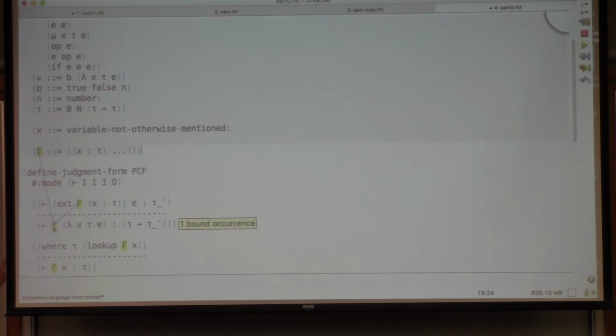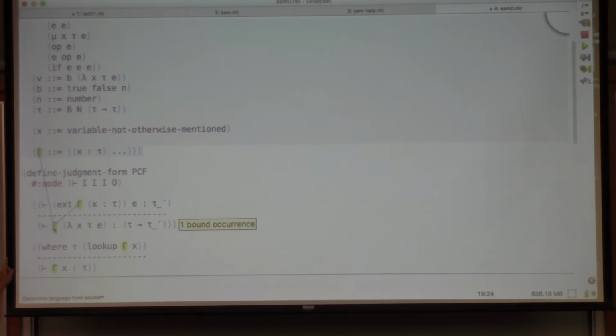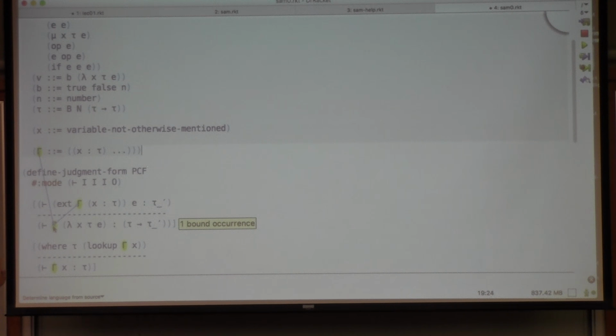There are arrows from the definition of what gamma could be from the grammar. That's saying this is what that pattern could potentially match here. And then there's an arrow. I know it's hard to see, but the arrows are directed. There's an arrow from the binder to the occurrence.